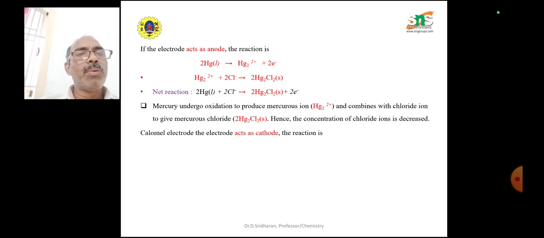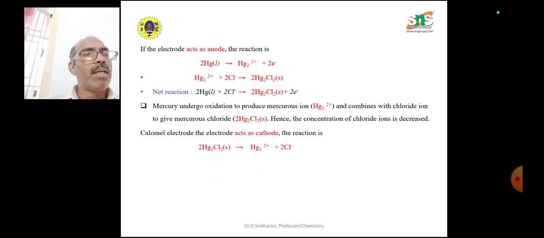The mercury undergoes oxidation to produce mercurous ion, which combines with chloride ions to give mercurous chloride. Hence the concentration of chloride ion is decreased.